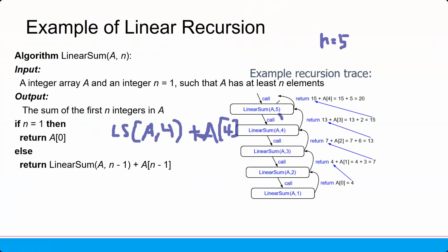You can see from this, linear sum A comma 5, then we have linear sum A comma 4, linear sum A comma 3, until N equals 1. If N equals 1, then we will just get A index 0. And then we will do the summation, and we return back the total of the summation.